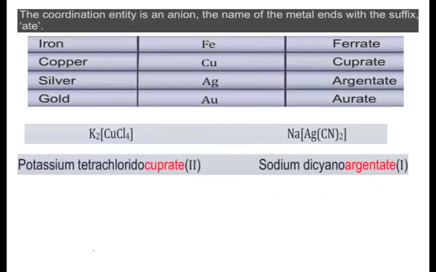The names are given. So focus on this point that the cuprate term is used, and for silver the argentate term is used. These were the rules for nomenclature. I hope you will remember these, and now you have to practice certain complexes and their names. Okay.